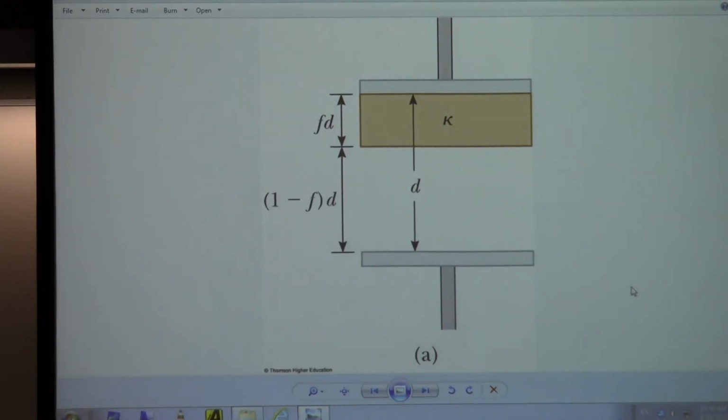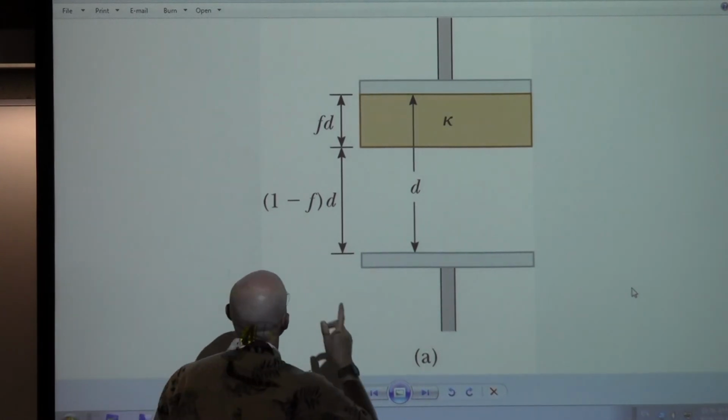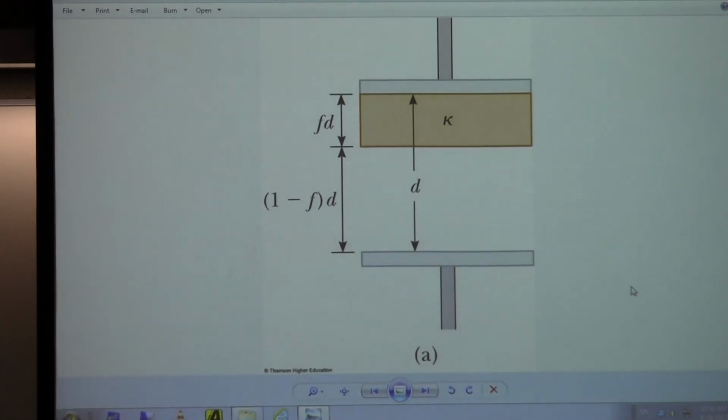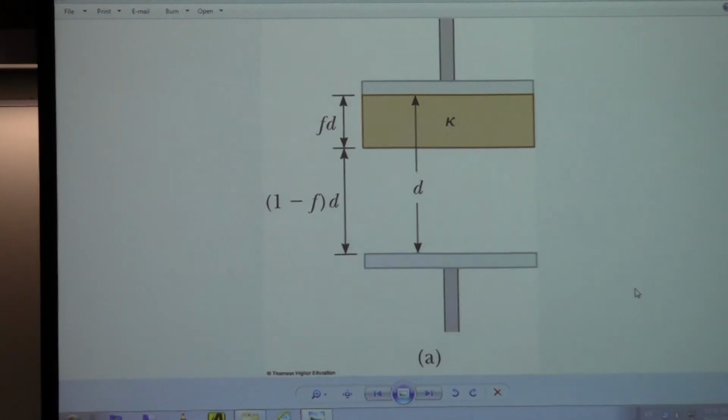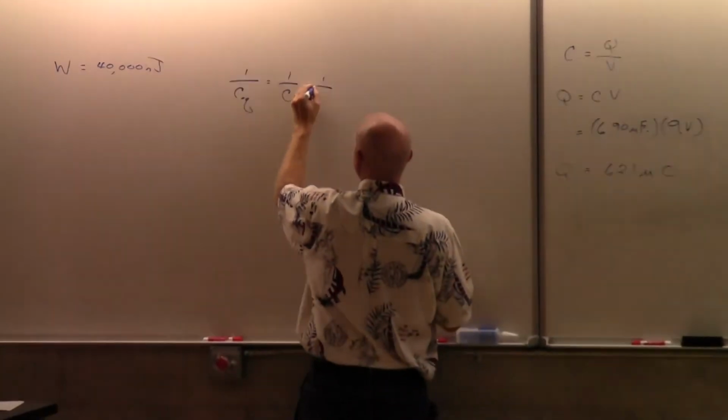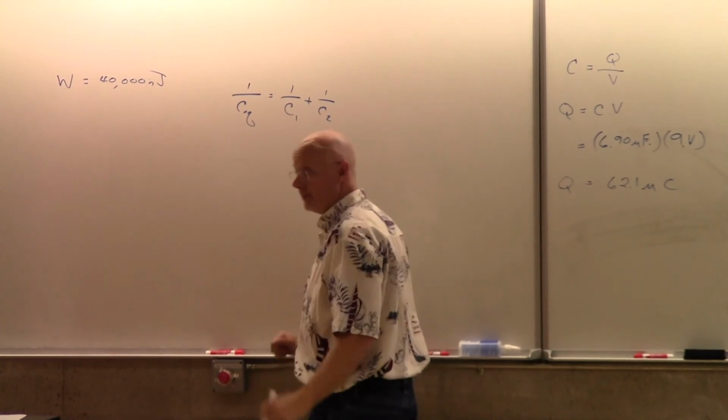Yeah, and the best way to look at this is 2 capacitors in series. And say, all right, the total capacitance is number 1 and number 2.